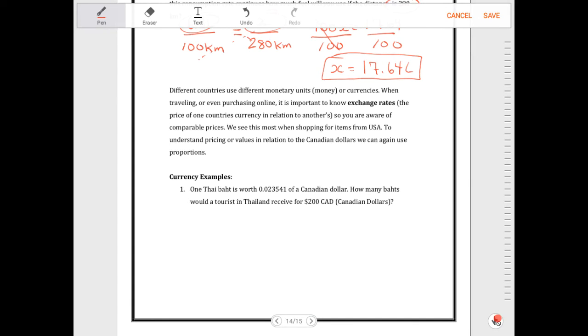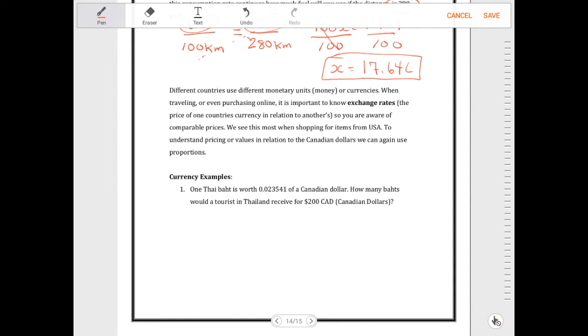So we have Thai currency, okay? And if you have one quantity of Thai currency, it's 0.02. It's between 2 and 3 cents, okay? So how do we figure this out? One Thai baht is worth 0.023541 of a Canadian dollar.